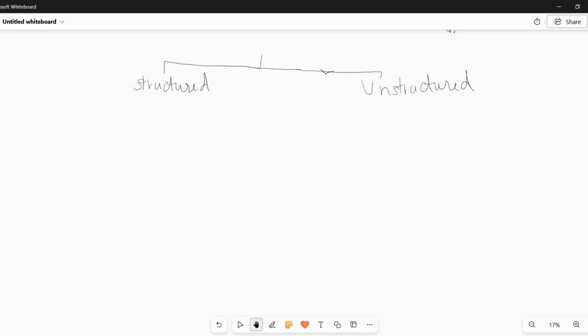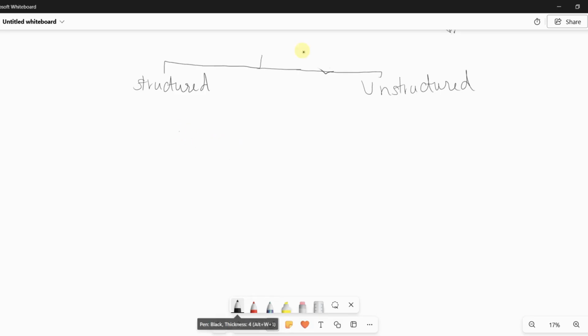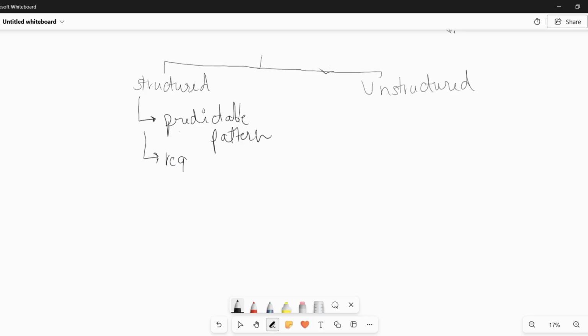In your structured mesh, it's easy to understand. If they follow a predictable pattern, it's like a textbook definition, that if you have a predictable pattern, or they have regular neighbors, then it is your structured mesh.